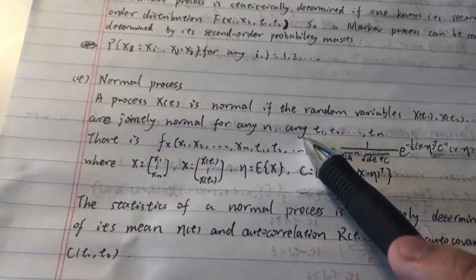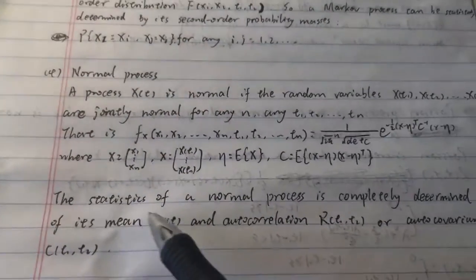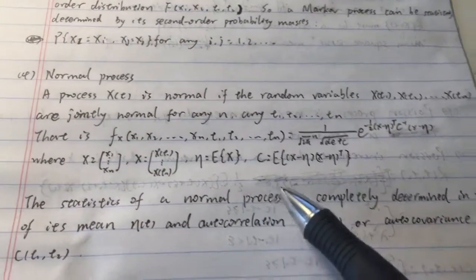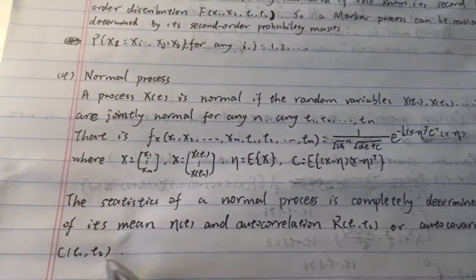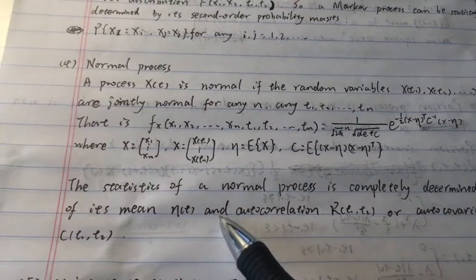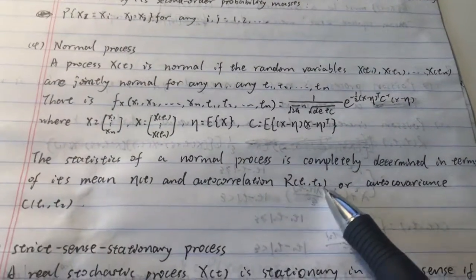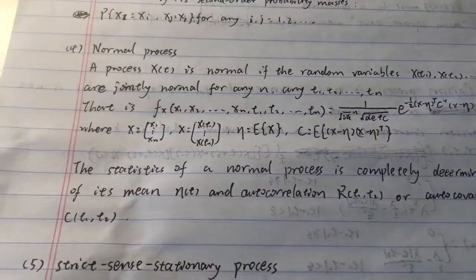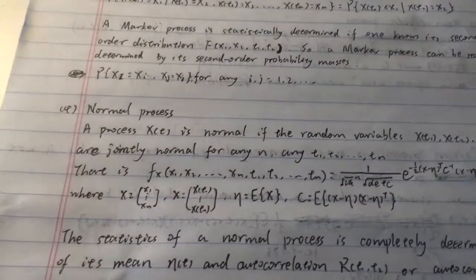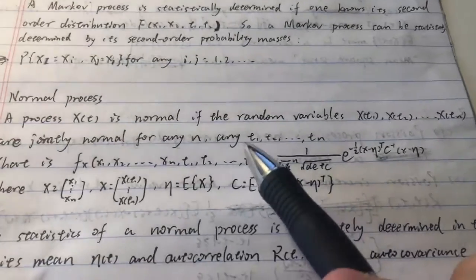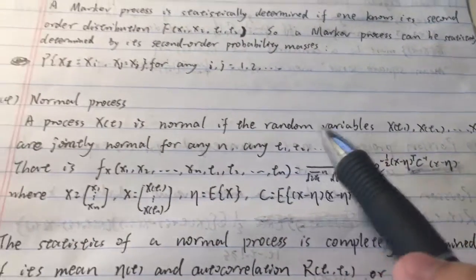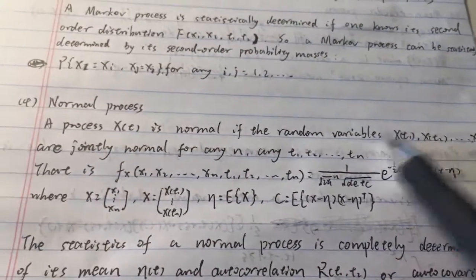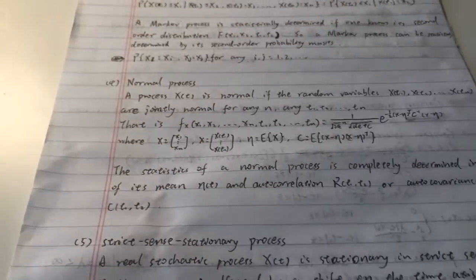The statistics of a normal process is completely determined in terms of its mean and its autocorrelation or autocovariance. This process has different random variables, and all of them are jointly normal. So that's the normal process.